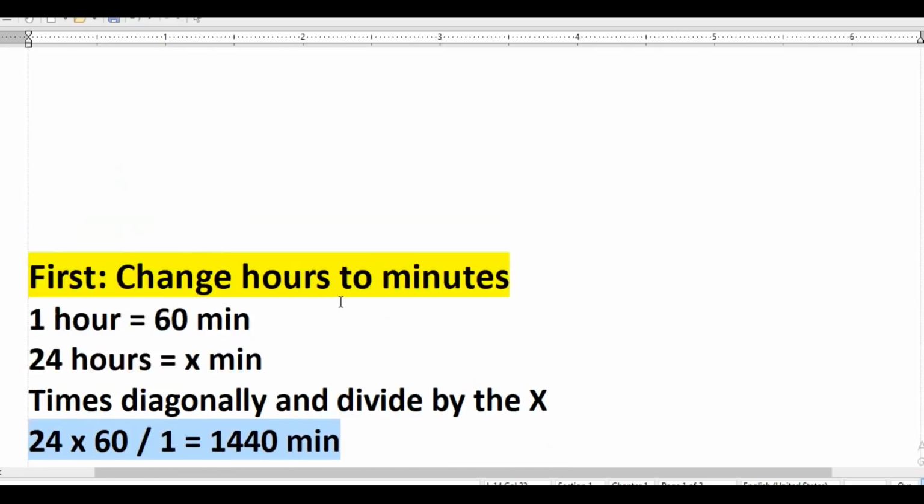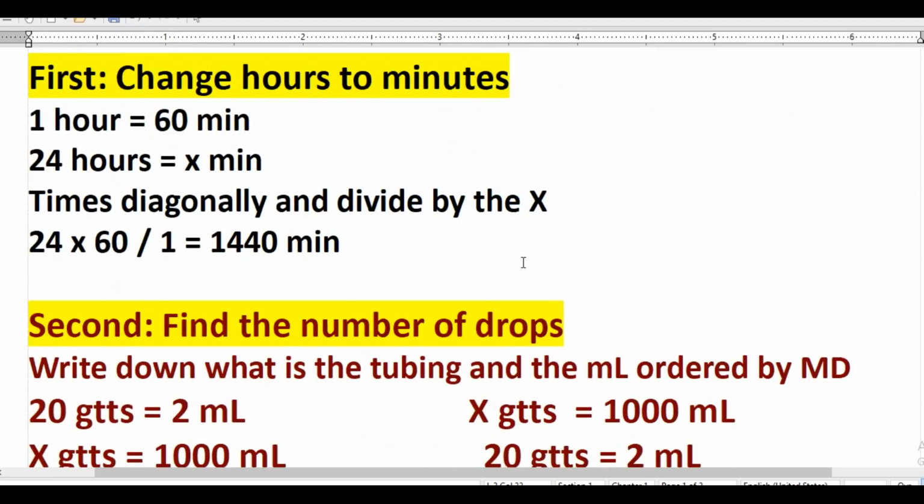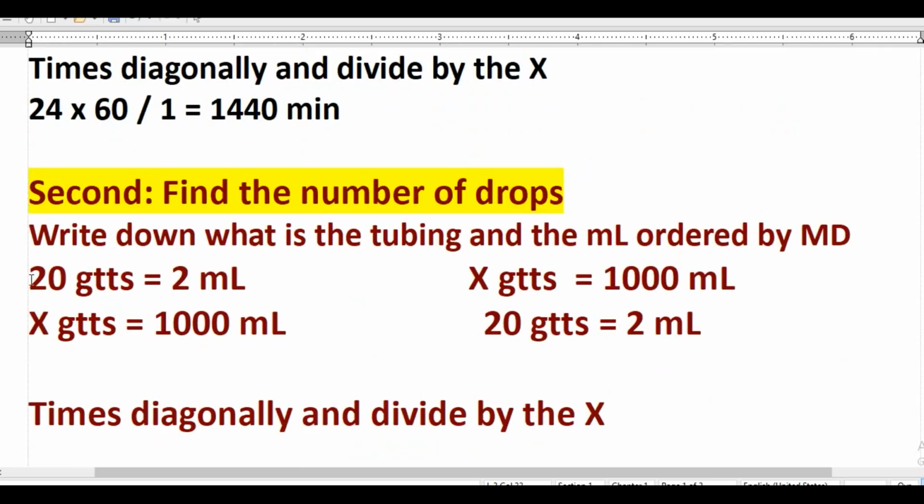Second thing we want to do is we want to take the doctor's order, which is 1,000 milliliters, and we want to do 20 drops is 2 milliliters. So let's write it, and this is the way we write it. 20 drops is 2 milliliters, that's the tubing. The doctor's order is 1,000 milliliters, and we're looking for drops, so that's our X factor.